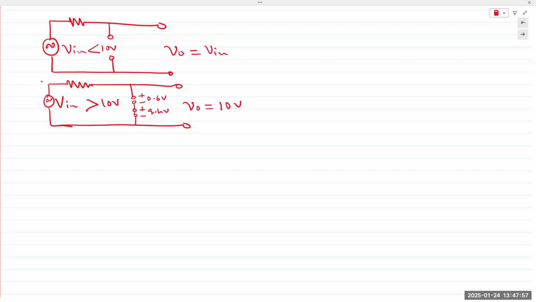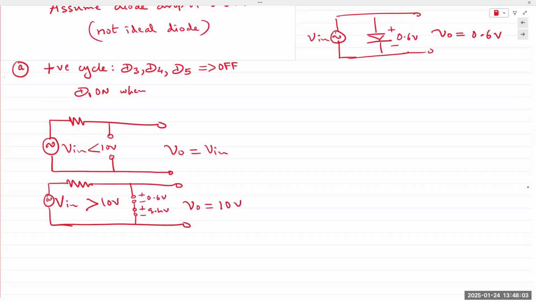And on the other side, I'm going to rush through this because I wanted to begin chapter 2. In the negative half cycle, D1 is going to remain off, so that branch is redundant. And D3, D4, and D5 are on. If it's an ideal diode, it behaves like a short circuit.